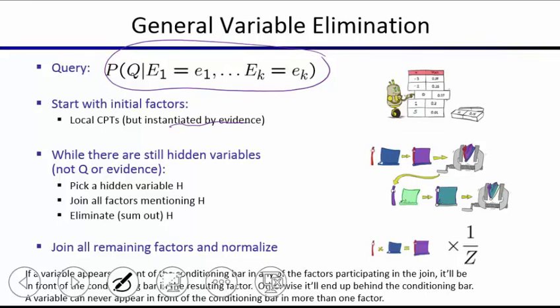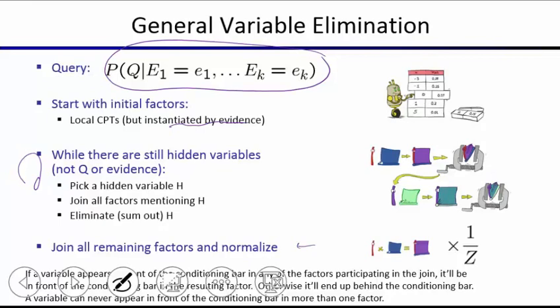Then there is a loop. While there are still hidden variables, you pick a hidden variable, then you join all factors that have that hidden variable participate in it. And the resulting factor you sum out over that hidden variable, and then you repeat. Once all hidden variables have been passed over, you end up with a set of factors, sometimes just one, sometimes multiple.